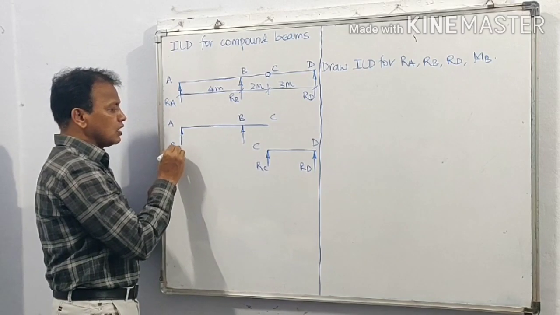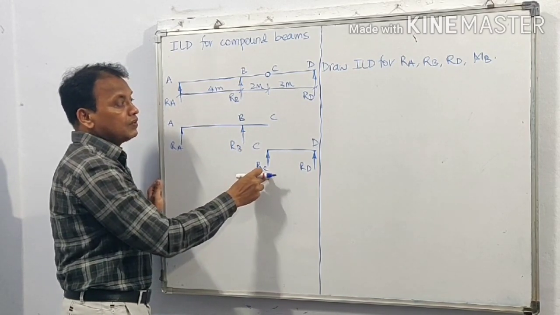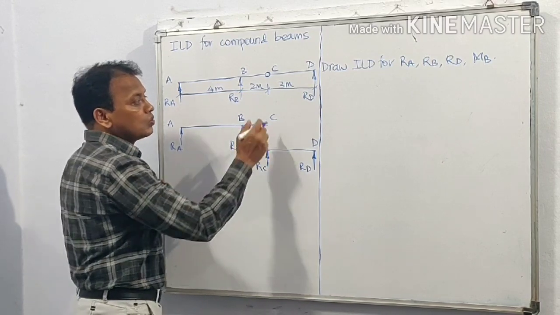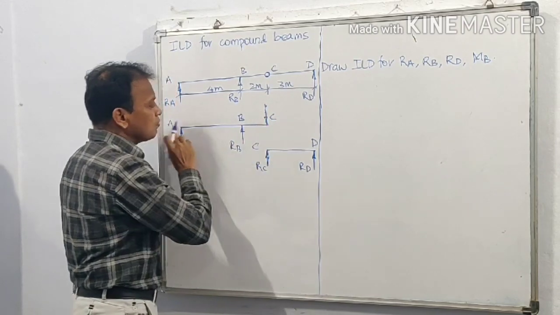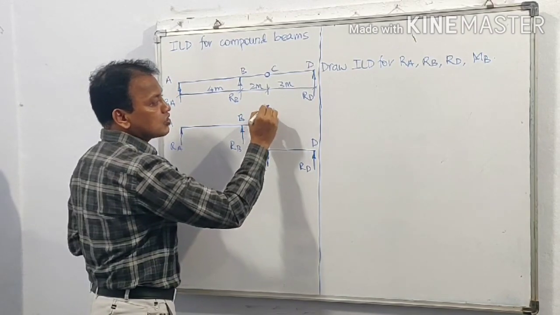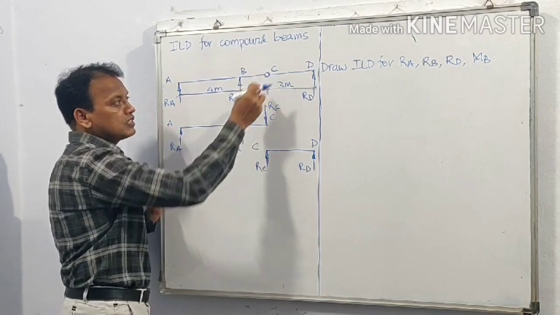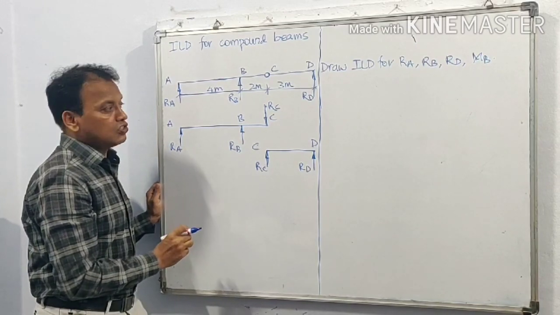This is RC and this is RD. So the reactions at A are RA and RB. So if for beam CD the reaction at C is upward, to maintain equilibrium at the hinge at C for beam ABC, this reaction must be downward. So these two reactions acting at C, upward and downward, will balance at the hinge.